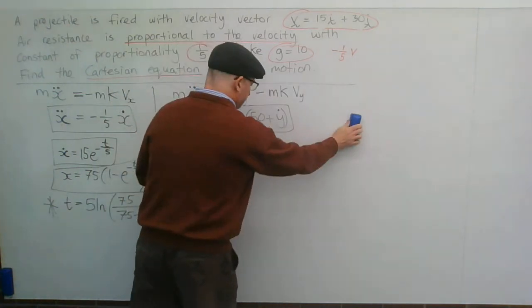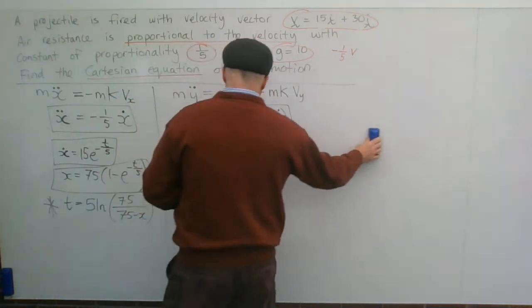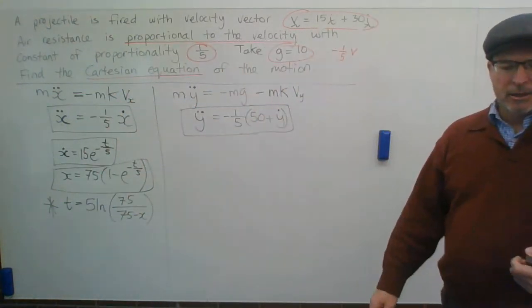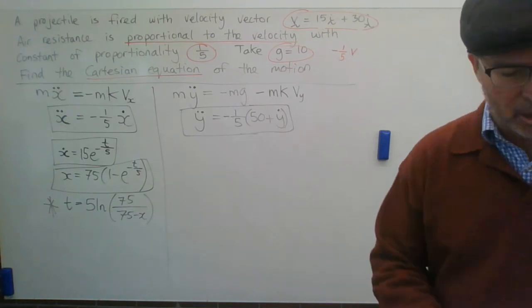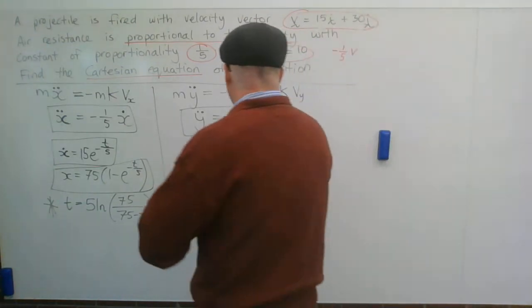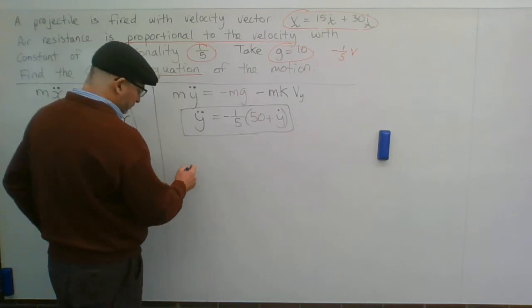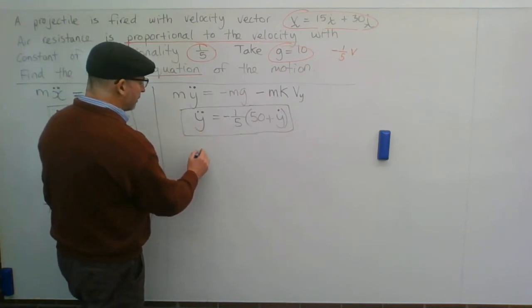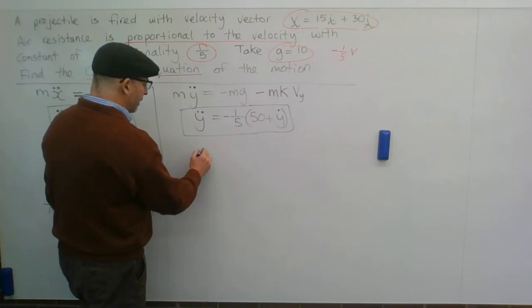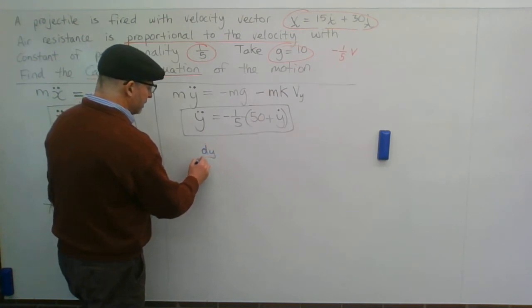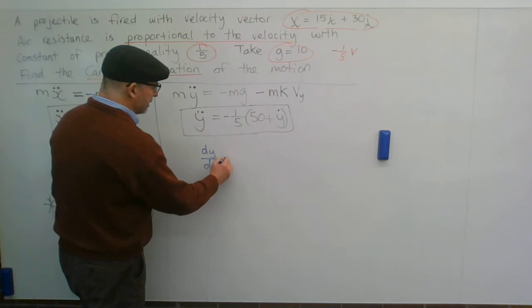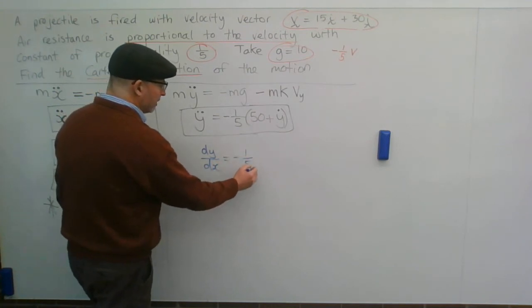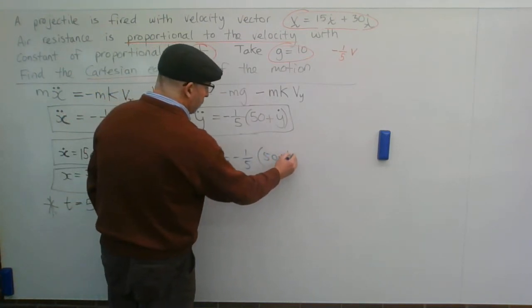All right. There we go. Let's do some integration. So this is saying that it's like we've got dy dx is equal to minus 1/5 50 plus y.